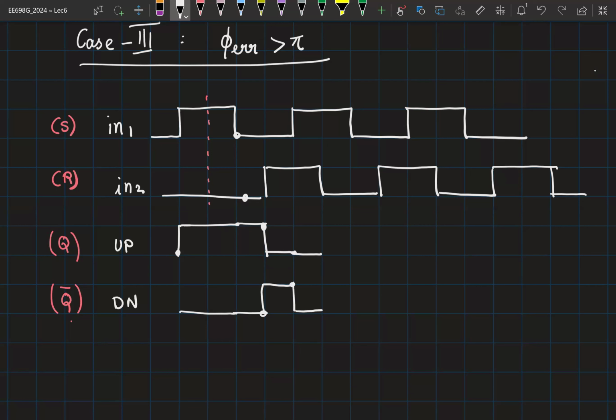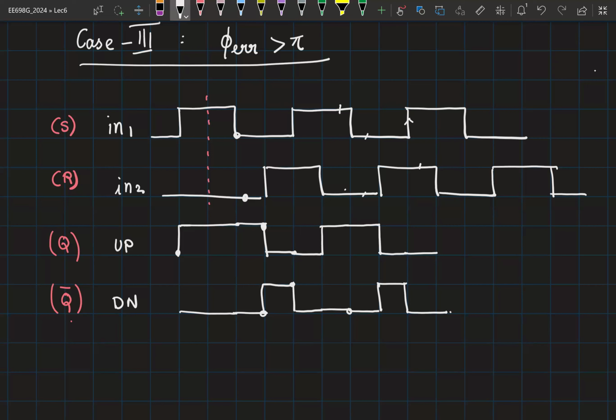Right? So now again, S is 1 and R is 0. So it goes high. Now it has to retain the previous state. So it retains the previous state. Then this gets reset. And then because both of them are now at 1, it has to go down to 0.